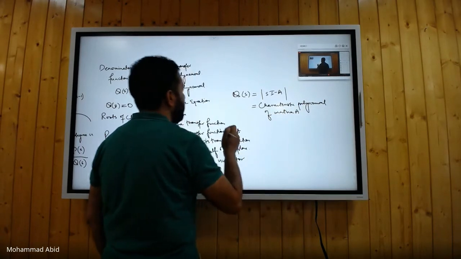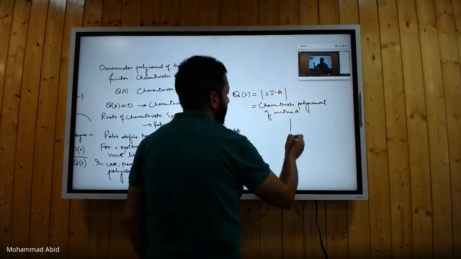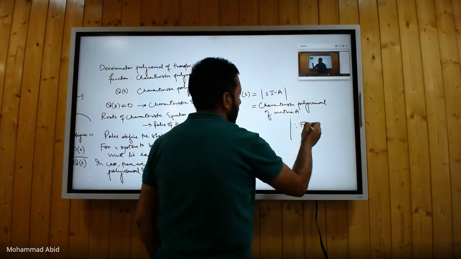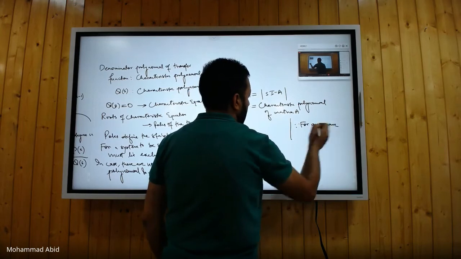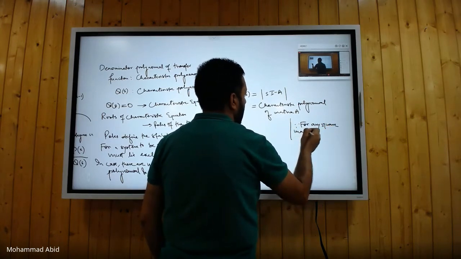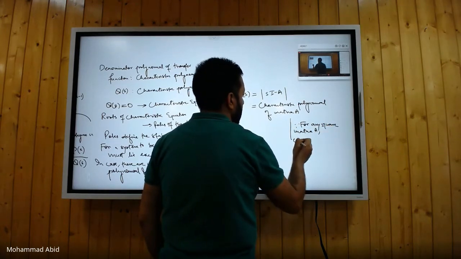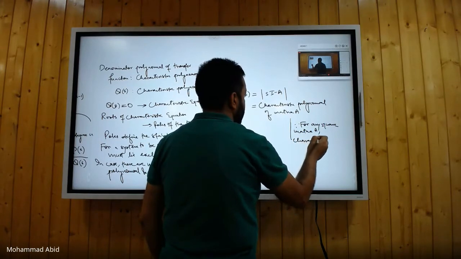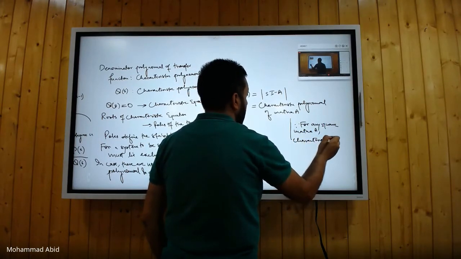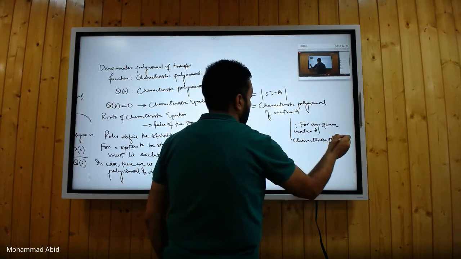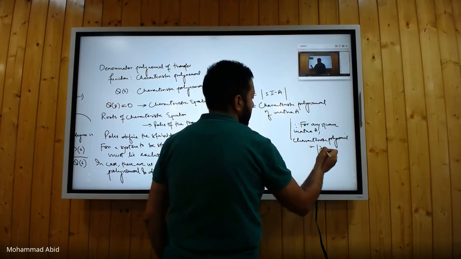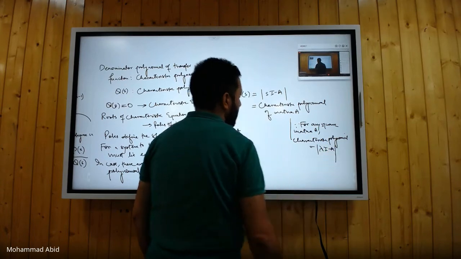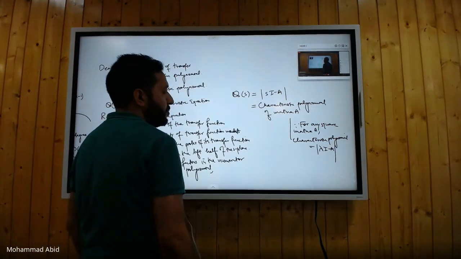For any square matrix A, you already know the characteristic polynomial is defined as determinant of lambda I minus A, isn't it?